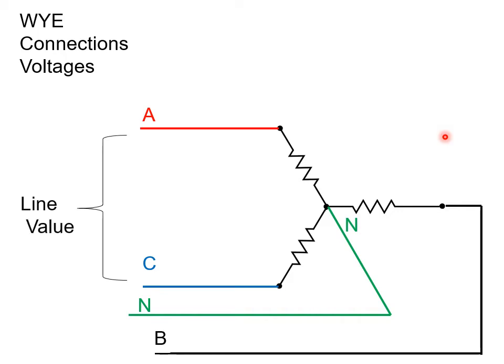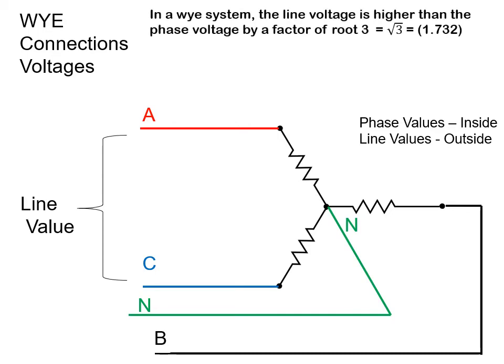The line value is between any 2 feeder lines. The phase values, well, those are inside the shape. The line values are outside, external of the shape. In a Y system, the line voltage is higher than any phase by a factor of √3, as we calculated earlier, because the line value is made up of 2 phases.